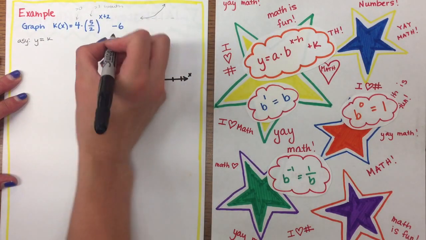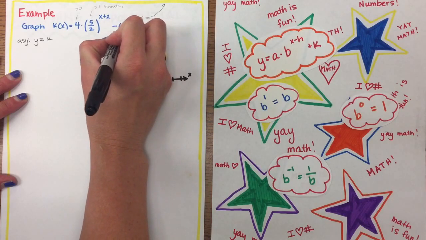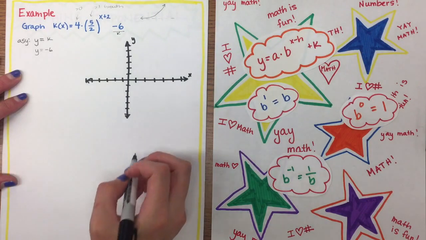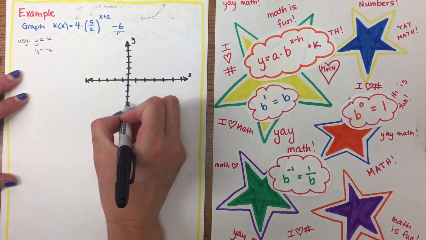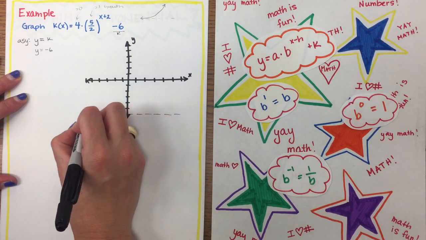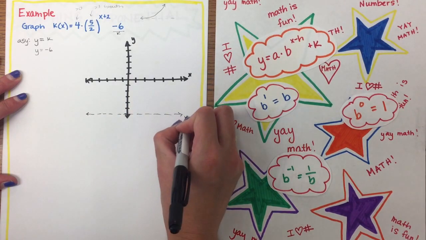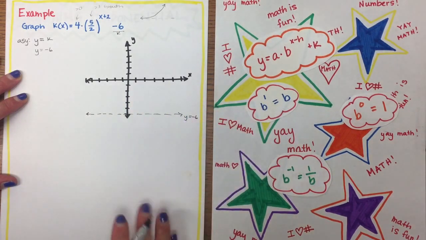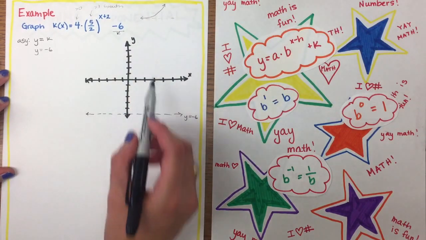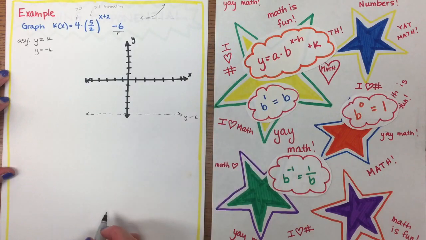K in this problem is negative 6, so y is equal to negative 6 is my asymptote. So 1, 2, 3, 4, 5, 6. I am going to graph that asymptote as a dashed line, and I will label it y is equal to negative 6. So I'm now expecting this shape on here.